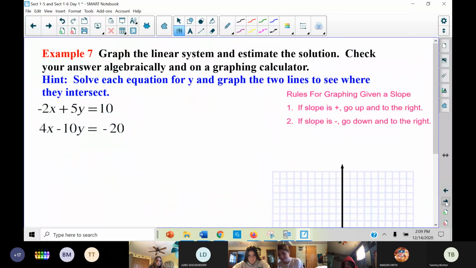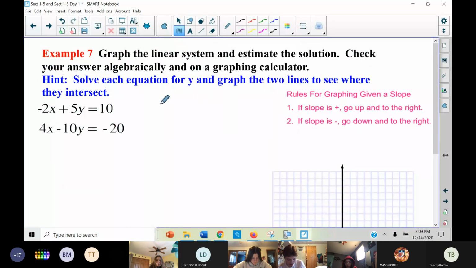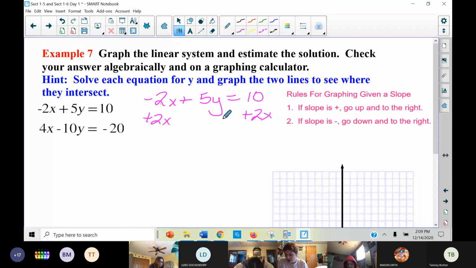All right, so now let's go to our second problem here from this section, and we are going to try the first line and solve it for y. Okay, so what I'm going to do is add 2x, and then I get 5y equals 2x plus 10.